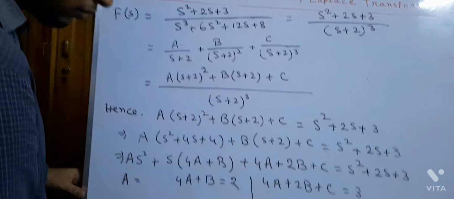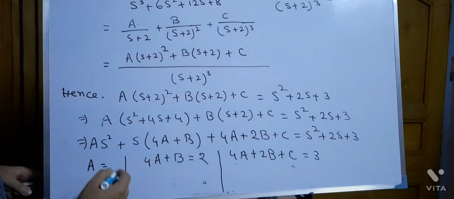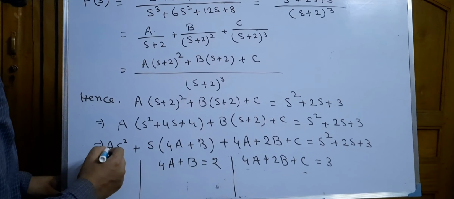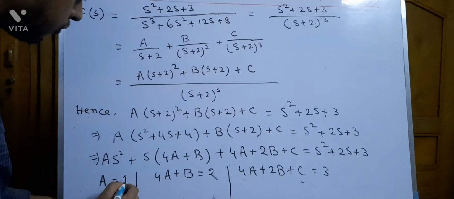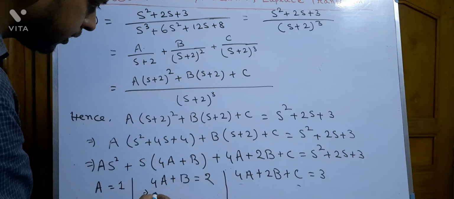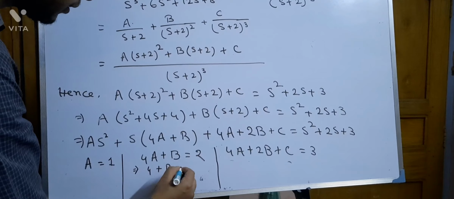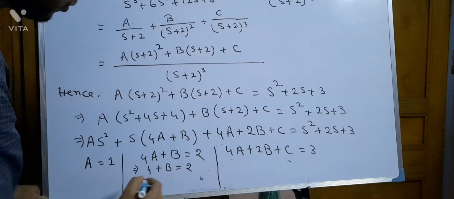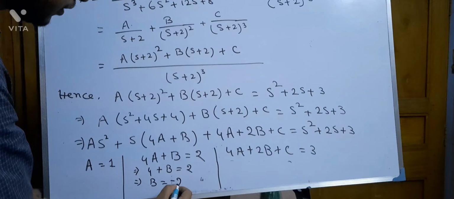Now sorry for my mistake, I made one mistake, that the coefficient of s square here is 1, so A equal to 1. Now if A equal to 1, then 4 plus B is equal to 2. So B equal to minus 2.